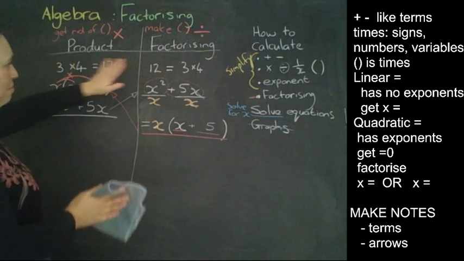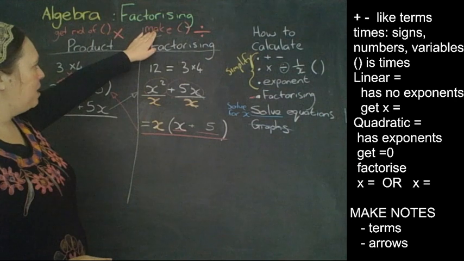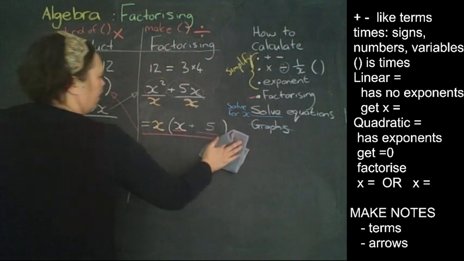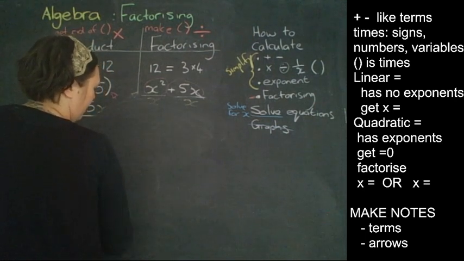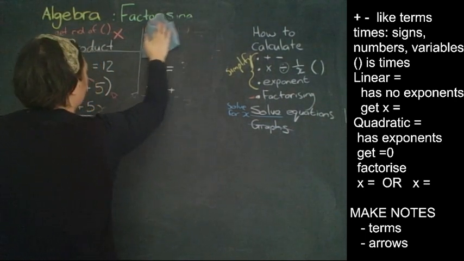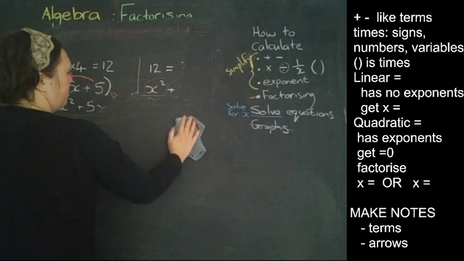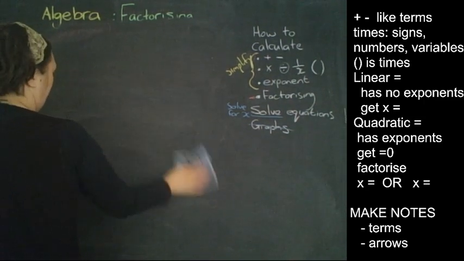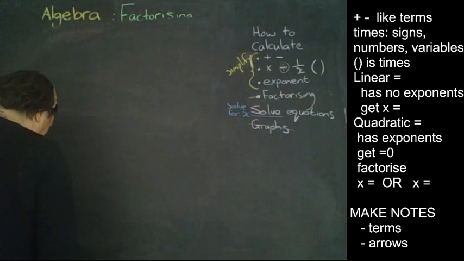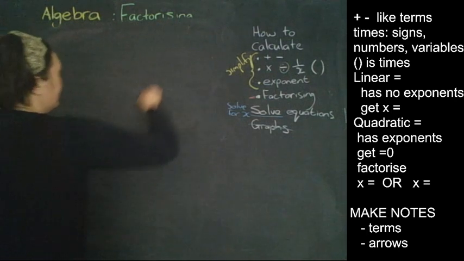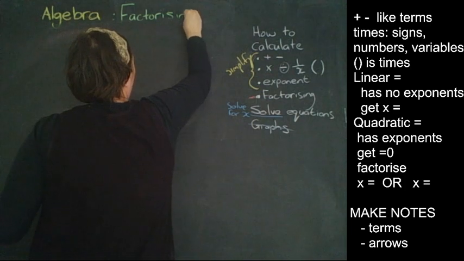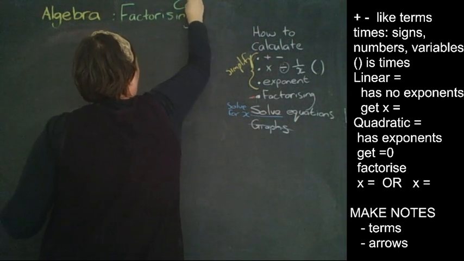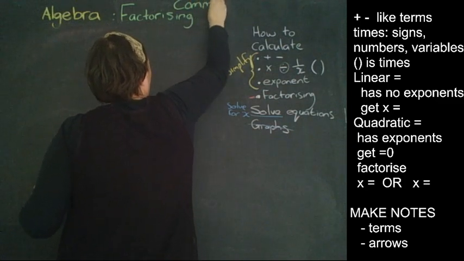So remember, factorizing, we make brackets using divide. This is for common factors. Let me just write that down here for you. This is specifically common factors.